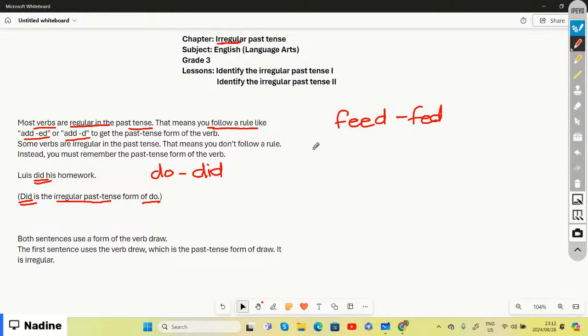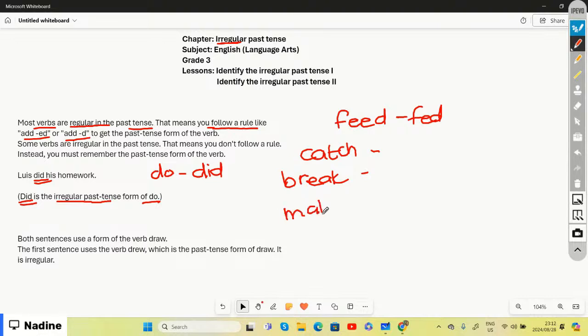Catch. Think of the word break. I'm going to write down a few words, and we're going to look at the past tense of those words.